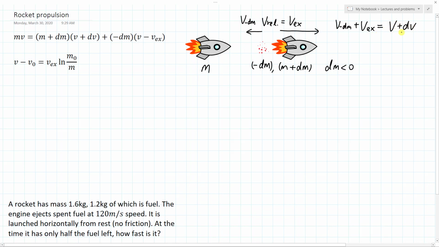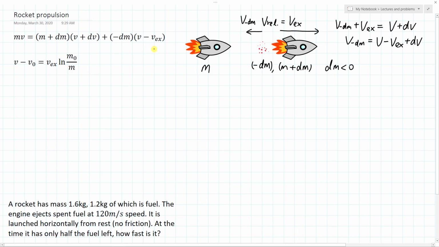Anyway, that's how this is related. And the spent fuel's velocity is just v minus v exhaust plus dv. We don't see that term, the dv, here for good reason. We'll see pretty soon why that's optional.